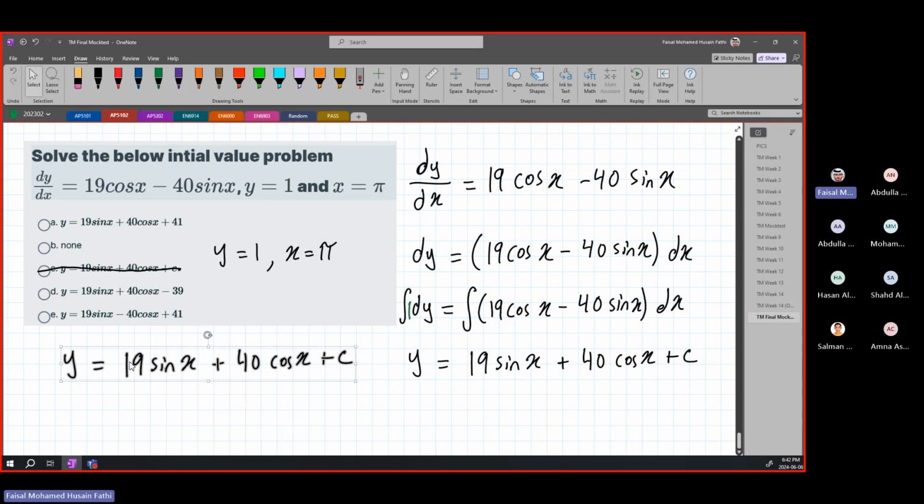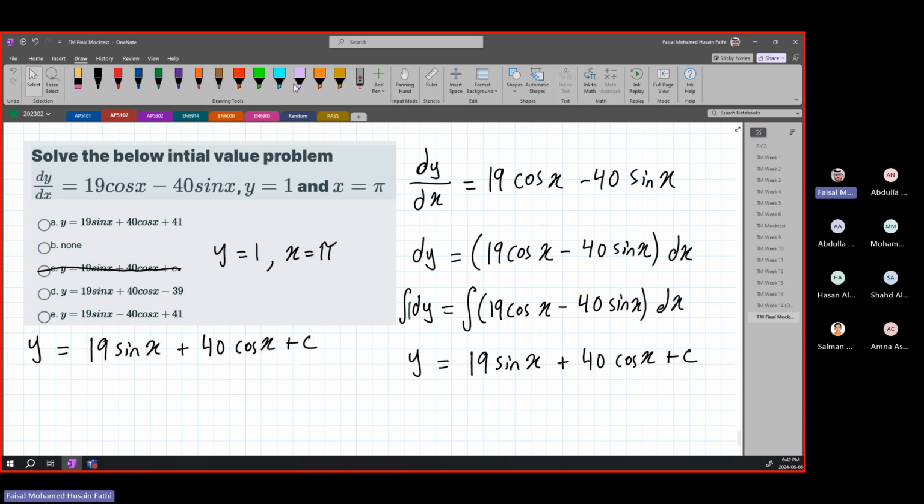Remember, we are not done over here. Now we need to find our c value. How do we do that? We're going to be plugging in our y and our x. And again, a very important note: remember, the calculator should be in radians, all right? Your calculator has to be in radians because we're dealing with pi.